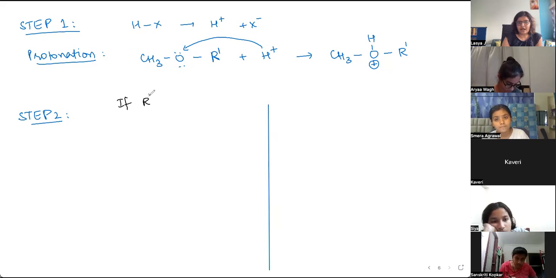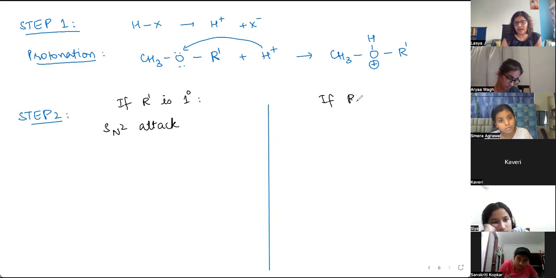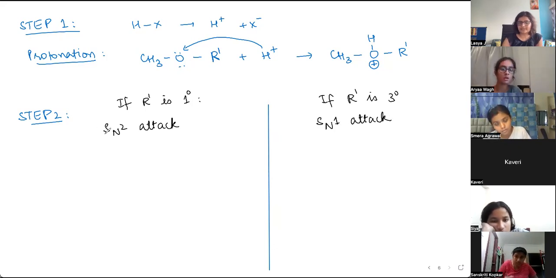If R dash is primary, then you have an SN2 attack. And if R dash is tertiary, then you have an SN1 attack. And in SN2 and SN1, the nucleophile is X minus, the halide ion in the solution.